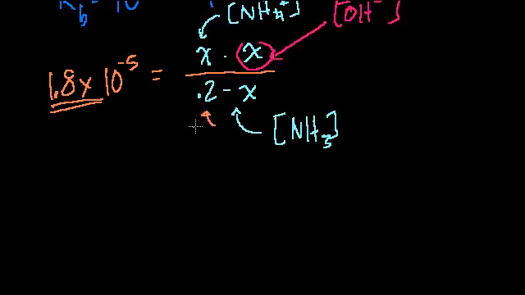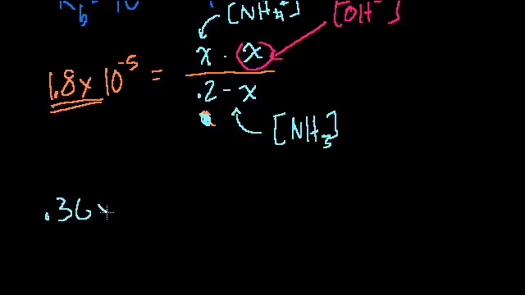But I don't want to give you heuristics. Heuristics are just rules of thumb that sometimes work. Let's just do the quadratic equation. But you can think about when you might be able to get rid of that middle term. But let's just multiply it. 0.2 times 1.8 is 0.36.